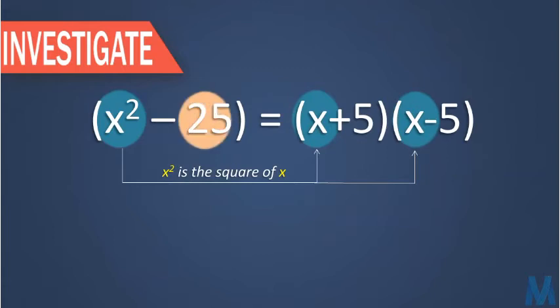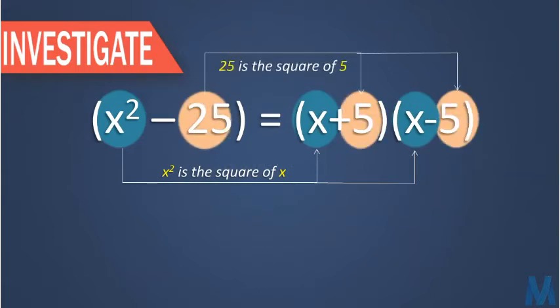And it is a difference, because there is a minus symbol between them. So therefore it's a difference of two squares. So the factored form of x squared minus 25 is x plus 5 times x minus 5. Okay? X squared here is the square of x, and 25 here is the square of 5.